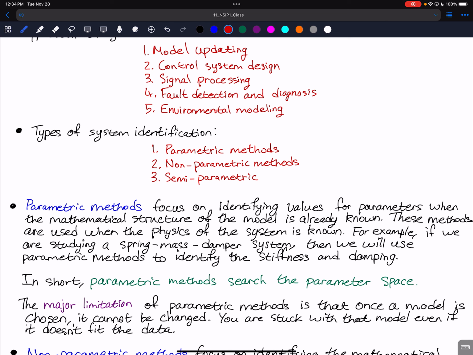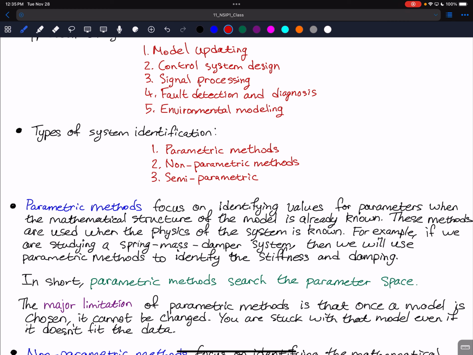So parametric methods focus on basically identifying parameters when you already know the mathematical structure of the system. So this is very useful when you have an idea of what the underlying physics is and you can propose a mathematical model based on what you expect it to be. And then you're simply just trying to identify values of parameters in your model to reproduce that behavior.